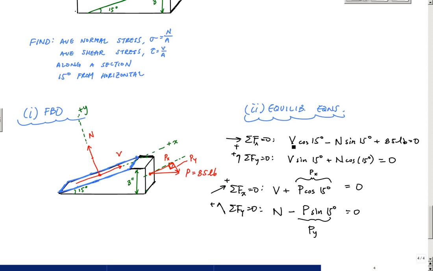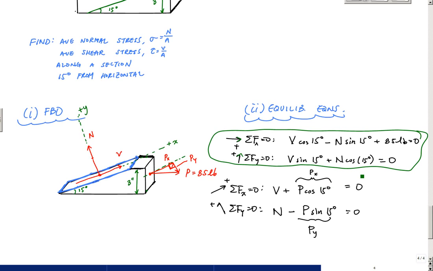If I stick with the straight horizontal and vertical, as I'm used to, or you might be used to, I get two coupled equations. So I have to solve two equations, two unknowns. Whereas here, if I just change my axes, my x and y, to coincide with the shear and the normal force, then I have two equations, two unknowns. I don't have to worry, it's real simple, right?